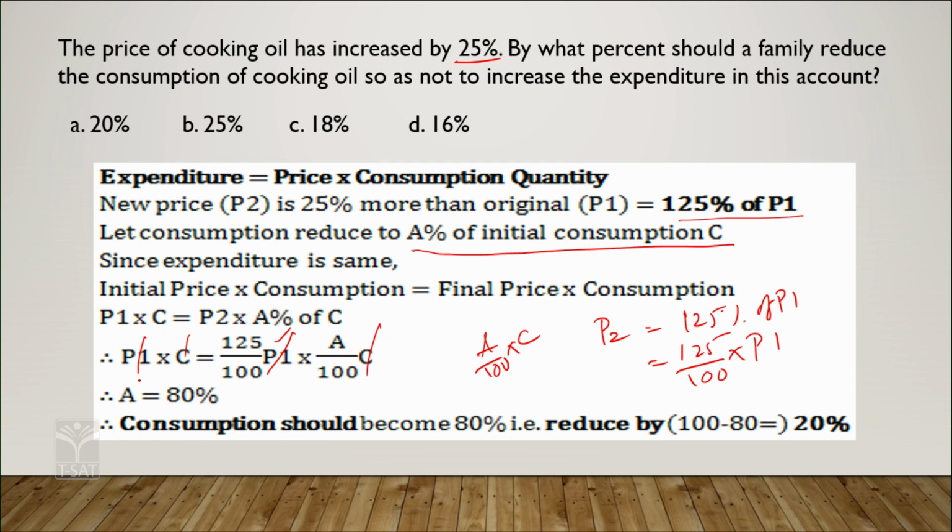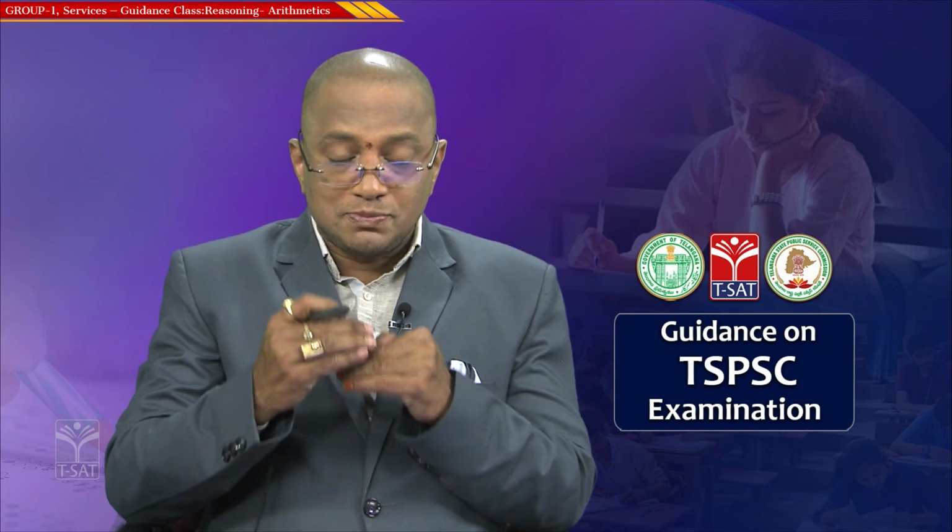Then you have 125 by 100, which is 25 fives, 25 fours, correct. Simply 5 ones are 5, 5 twenties, means here A by 80 is equal to 1. So, A is equal to how much? 80%. In this manner, you can calculate by how much percentage the consumption of cooking oil is to be reduced.